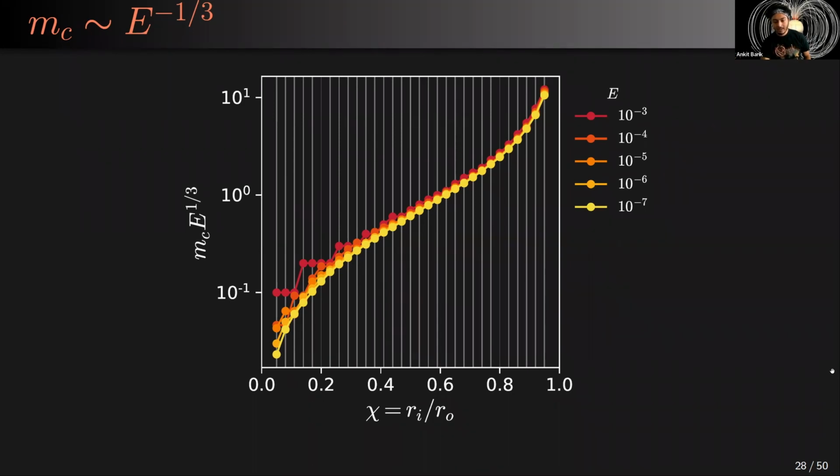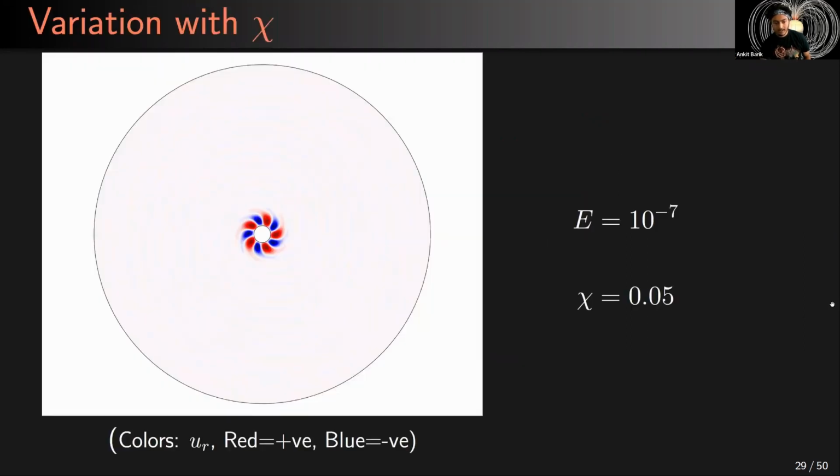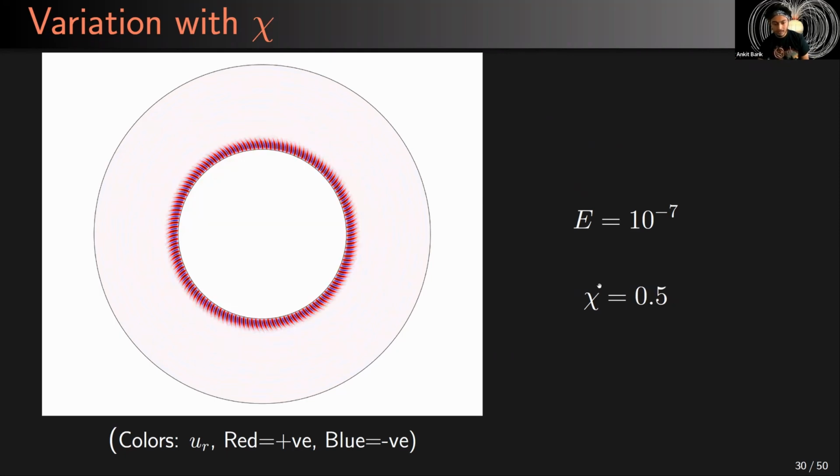Now, the basic idea for the variation of critical wave number like this is that a larger inner core can accommodate more convective columns.